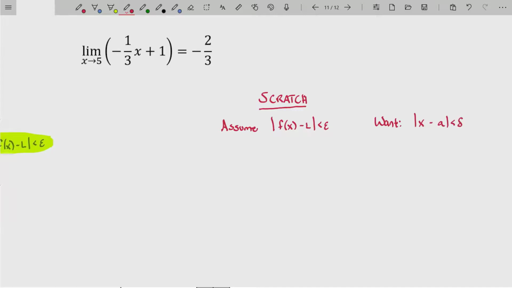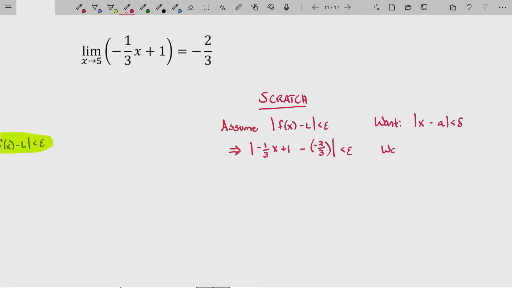Now let me substitute in what a, f of x and L are in this situation. We're assuming that the distance between negative 1/3 x plus 1, that's our function, and the limit, which is negative 2/3, is less than epsilon.